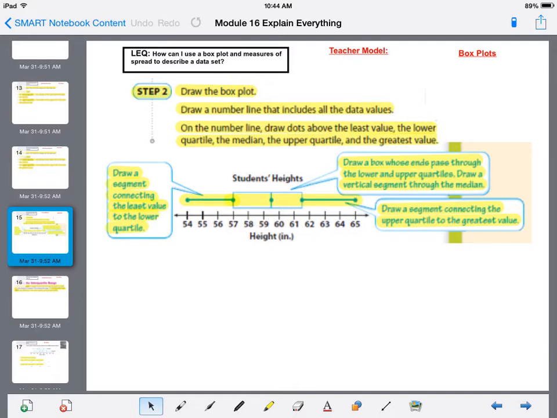You draw a line segment connecting the least value to the lower quartile, and a line segment connecting the upper quartile to your greatest value. You draw a box whose ends pass through the lower quartile and the upper quartile, and then you draw a vertical segment at your median.